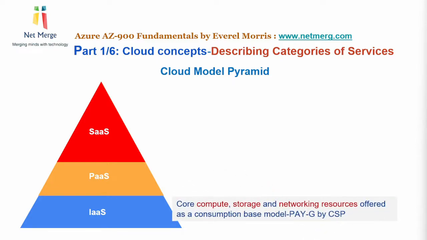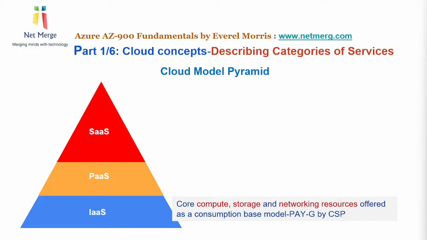Now let's look at the different responsibilities and services that are offered. Let's look at the services so we get an understanding of the responsibilities. So at the infrastructure as a service level, the cloud service provider is responsible for the core compute services such as a virtual machine, or server, that you would create within the cloud.